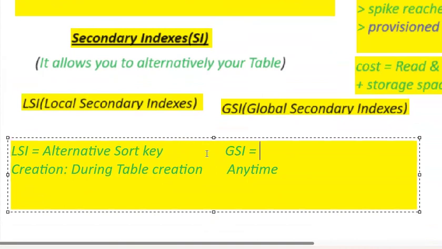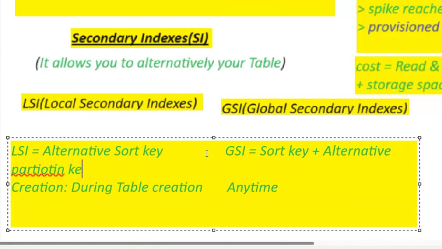A global secondary index is nothing but a combination of your sort key and an alternative partition key. What does it mean?